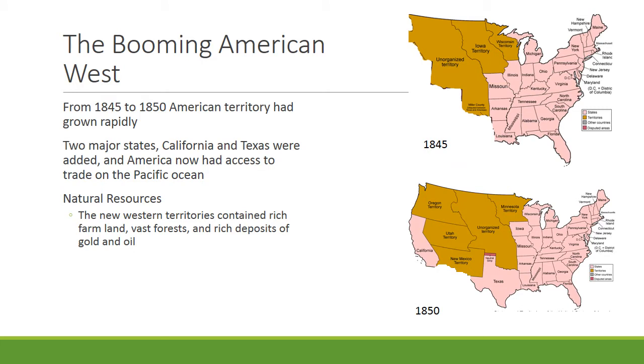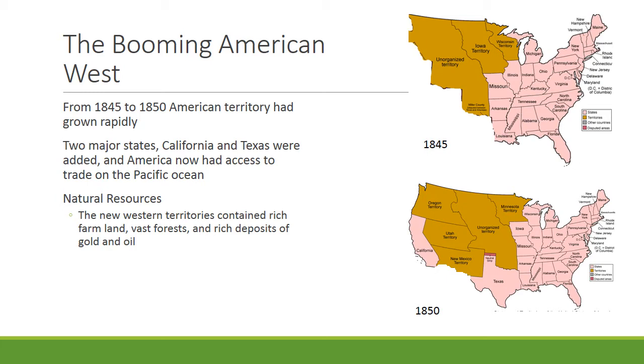All right, so between 1845 and 1850, a pretty short period of time, we see a rapid growth in both territory and in the western population of the United States. So in 1845, you can see what the United States looked like up in the top right-hand corner of the screen.